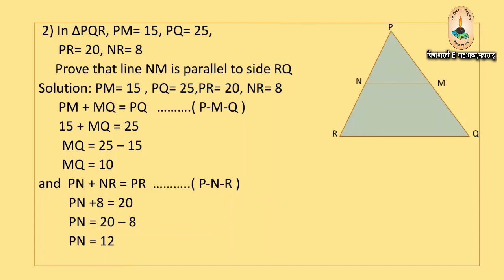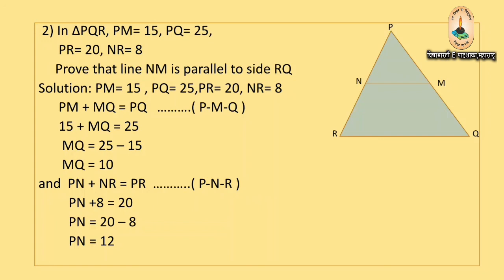Now first to find MQ. PQ is written as PM plus MQ is equal to PQ. Therefore 15 plus MQ is equal to 25. MQ is equal to 25 minus 15 and therefore MQ is equal to 10.